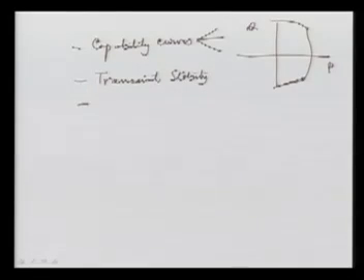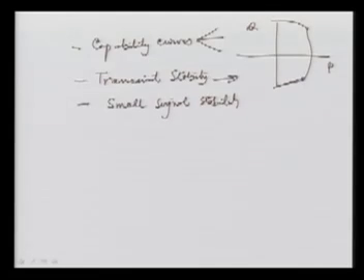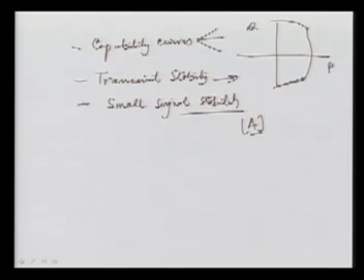Then I explained small signal stability. Here in this stability, a sudden but small disturbance takes place. In transient stability we analyze with nonlinear differential equations, but in small signal stability we linearize the system around the operating point, and then we solve, go for the state transition matrix, and analyze the behavior of the system.